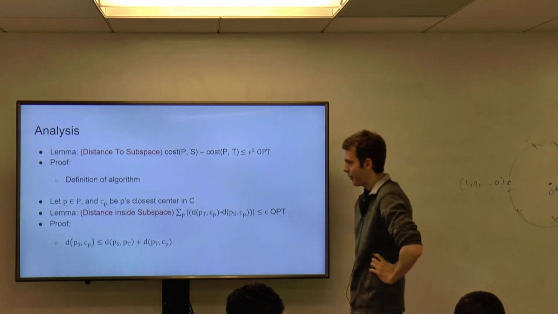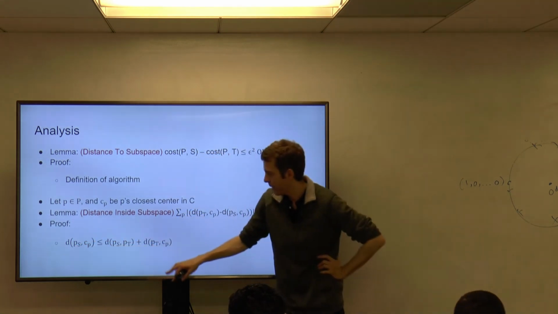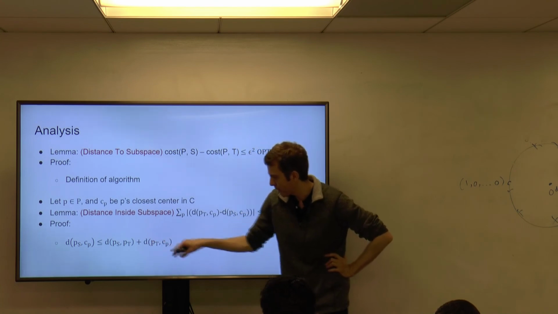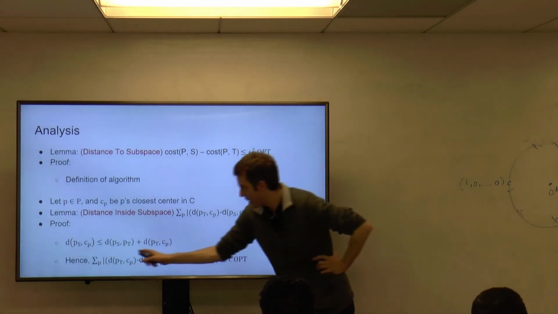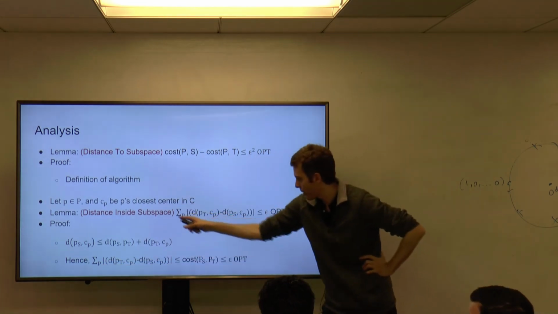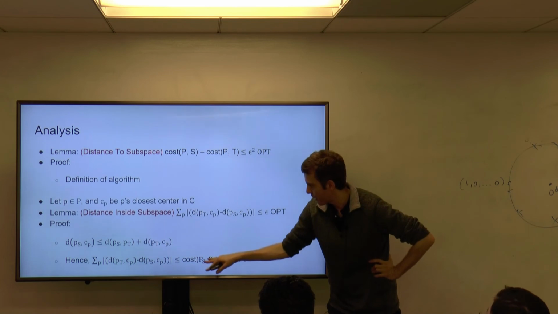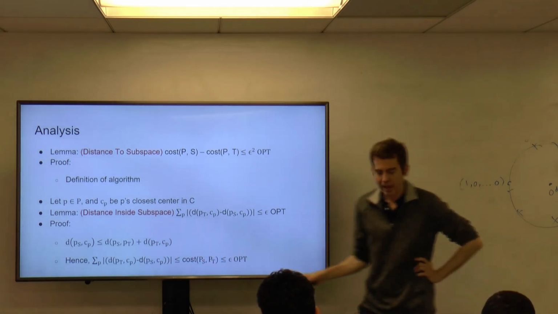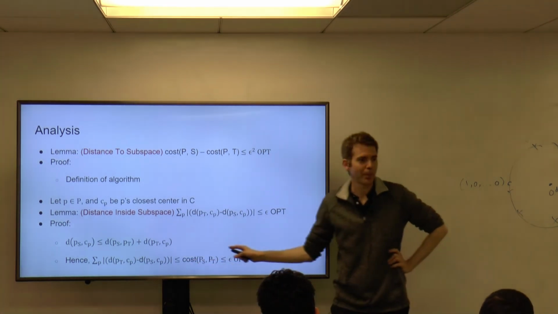So the distance of the point PS to the center CP is at most the distance from PS to PT plus the distance from PT to CP. And just rearranging things, I get that the sum that I'm trying to bound is at most the cost of moving the projected points in S to the projected points in T. And the lemma that we just showed on the previous slide shows that this is at most epsilon opt.